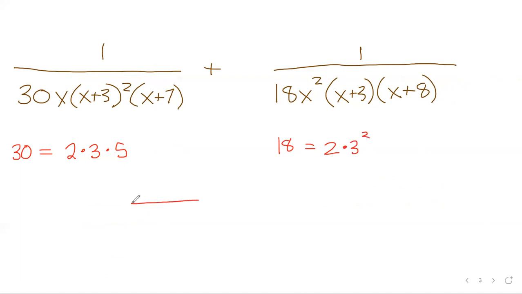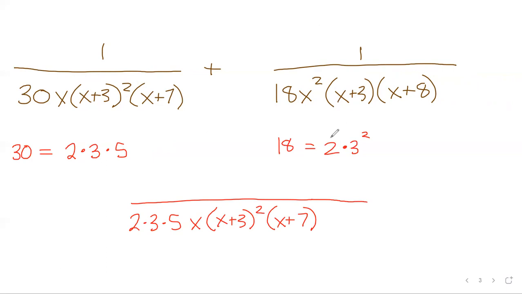So let's start with those. And in fact, we know we need all the factors of the first one. So we'll just put that in. We need a 2, a 3, a 5, an x, and actually 2 x plus 3s, right? And an x plus 7. So we need at least that.